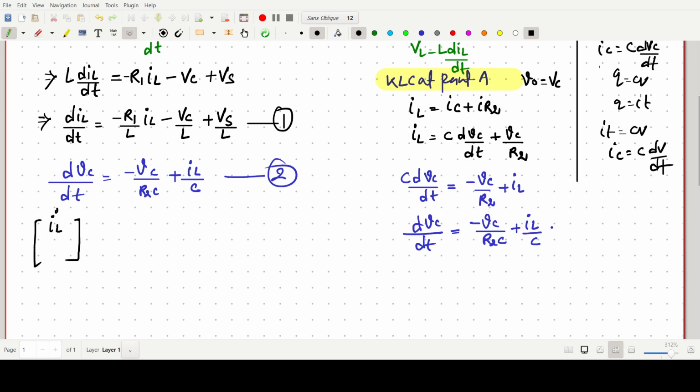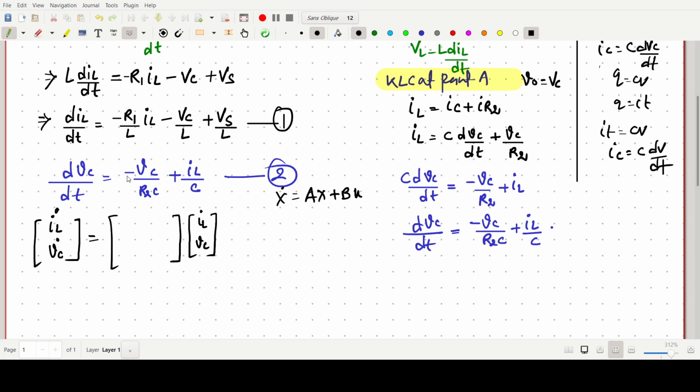IL dot and VC dot, that is dIL by dt and dVC by dt, and then we have some A matrix times X. That X will be IL and VC, and here Vs. Just like X dot equals AX plus BU. So this one is our X dot, IL dash VC dash.